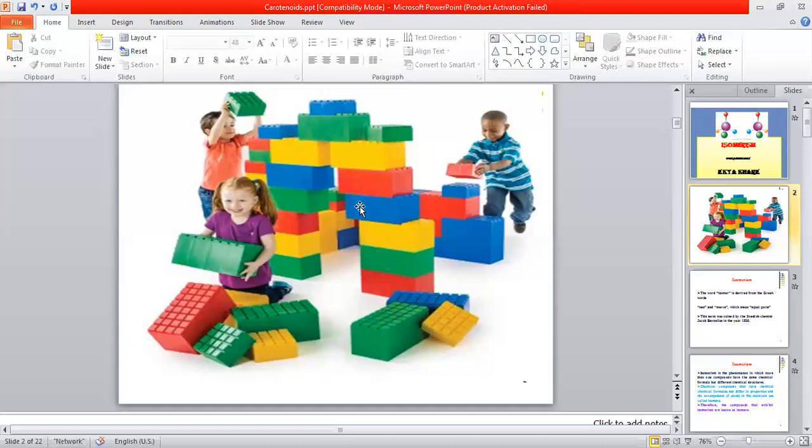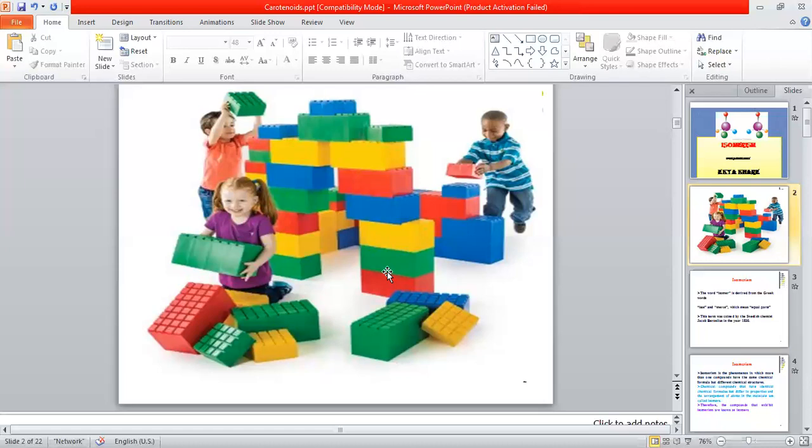And if you change any one block from any side, then you will make a different building with a different block, right? Similarly, this game applies to your isomerism topic.